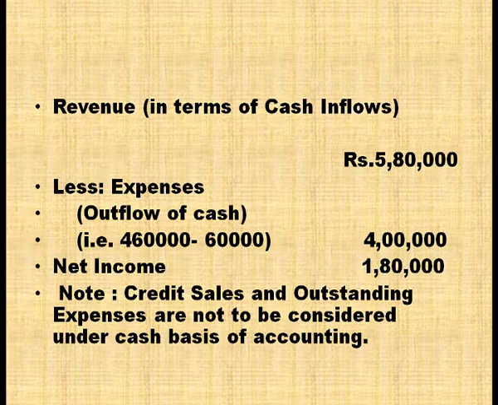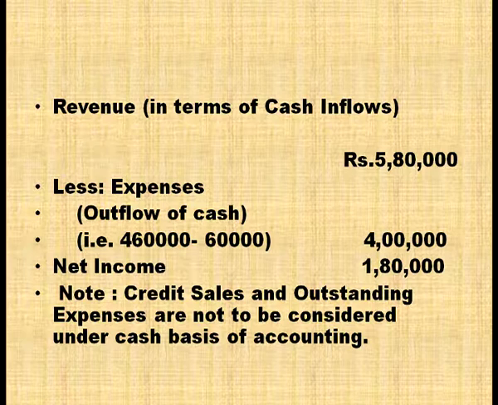That is because of the sales 5,80,000 is coming inside the business. Expenses 4 lakh. Net income is revenue minus expense. 5,80,000 minus 4 lakh gives you 1,80,000. Here, credit sales and outstanding expenses are not considered. So, the net income came to rupees 1,80,000 under cash basis of accounting.